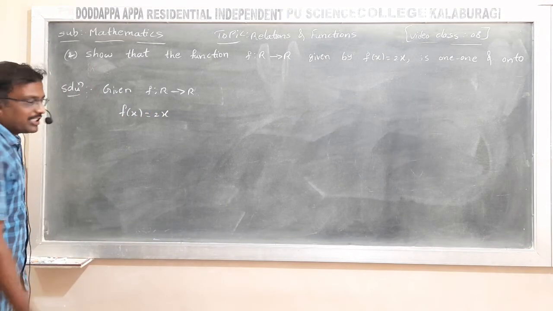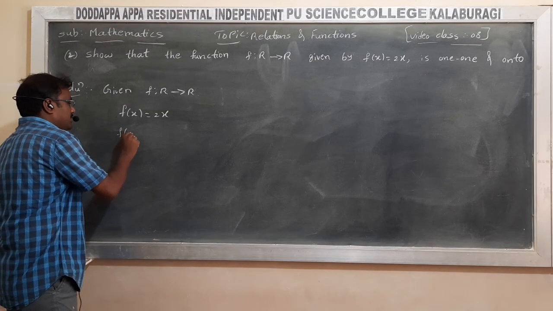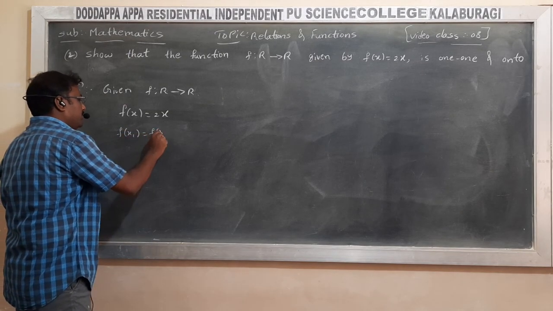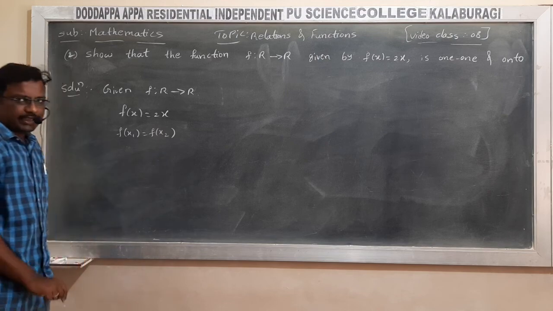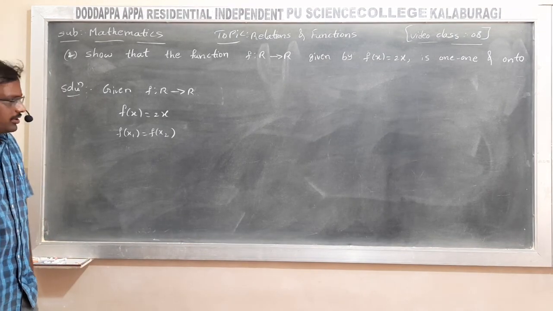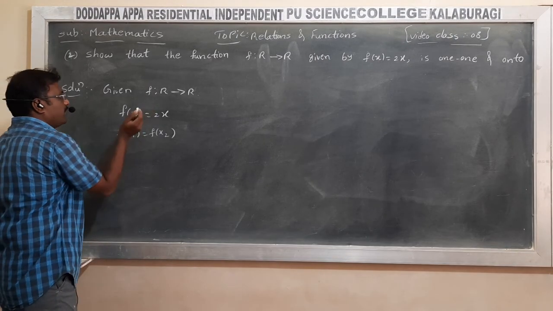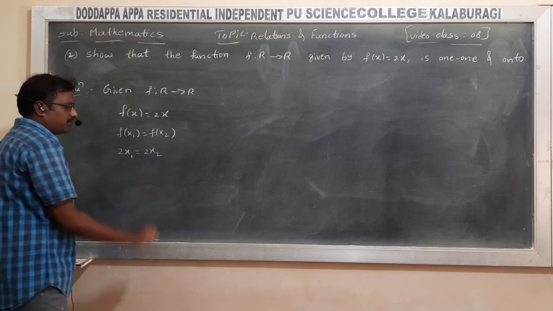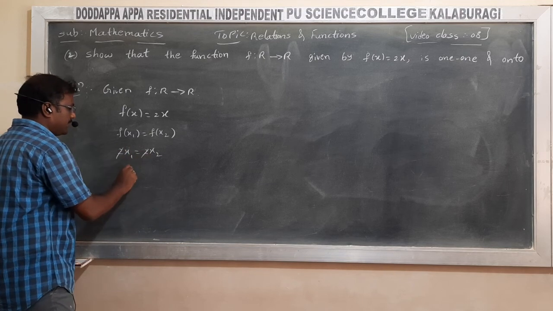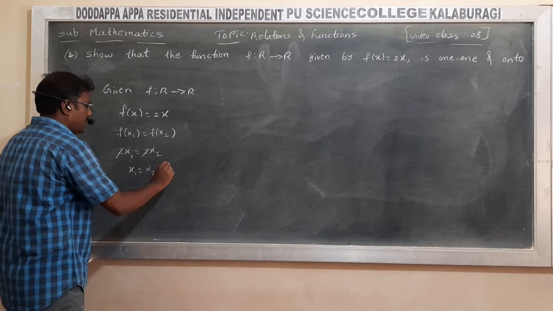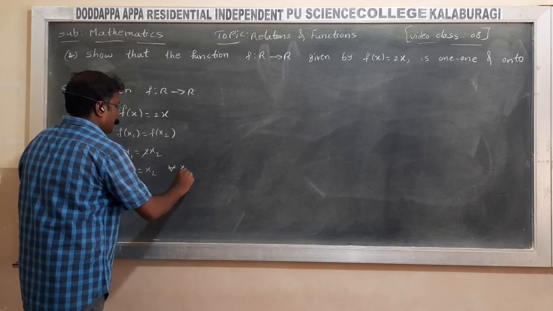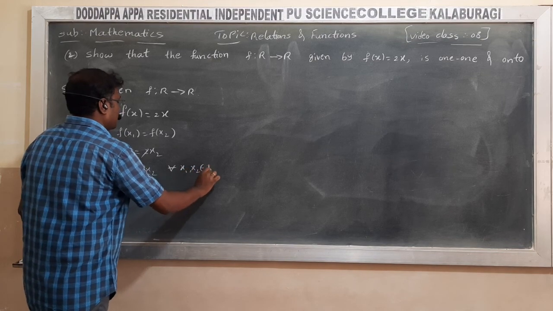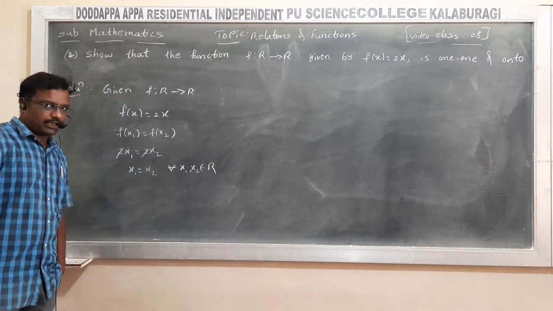So first consider f of x1 is equal to f of x2. f of x1 means 2x1. f of x2 means 2x2. The 2 gets cancelled. x1 is equal to x2, for all x1, x2 belonging to what? Real numbers is given here.